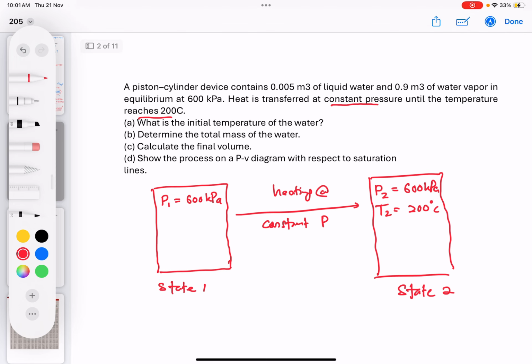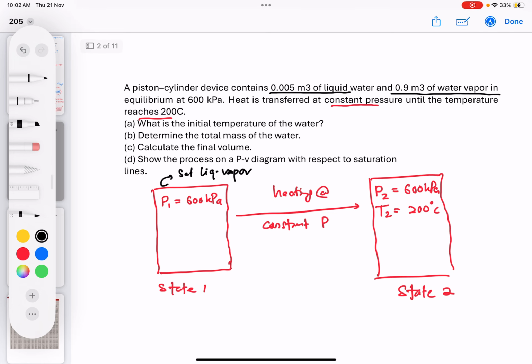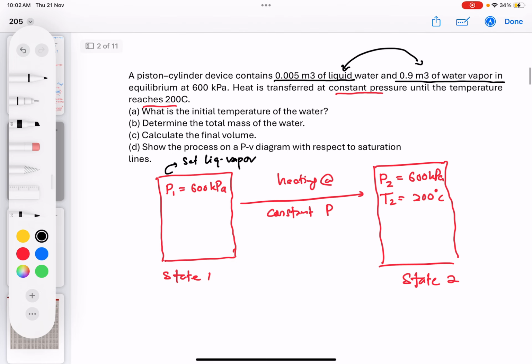And then I can also say that state 1 here is in the saturated liquid vapor. How do I know? Because they give 0.05 meter cubes of liquid and 0.9 of water vapor. Therefore, this is a mixture of liquid and vapor, so it should be located in the saturated liquid vapor region.